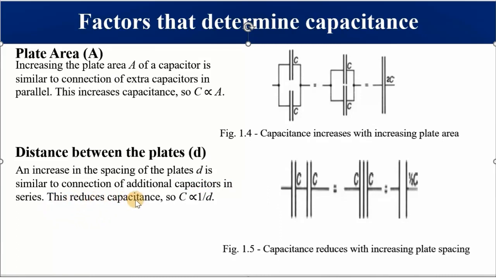This reduces capacitance. So capacitance is directly proportional to 1 over D, which is another way of saying capacitance is inversely proportional to the distance between the plates. So capacitance reduces with increasing plate spacing. Plate spacing is what we call the distance between the plates.